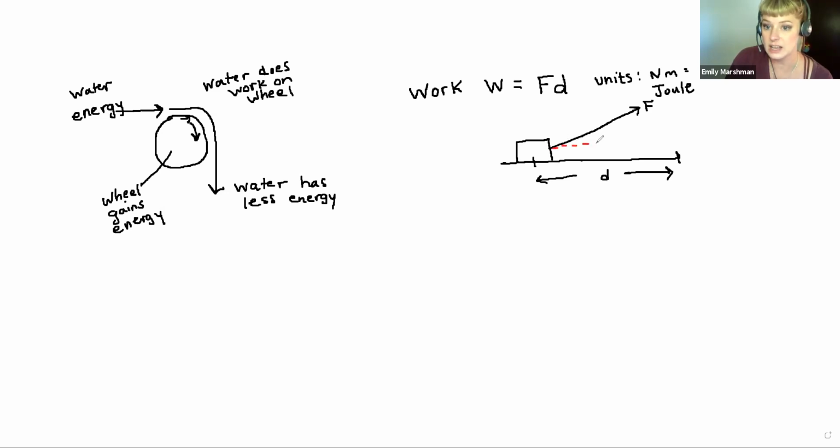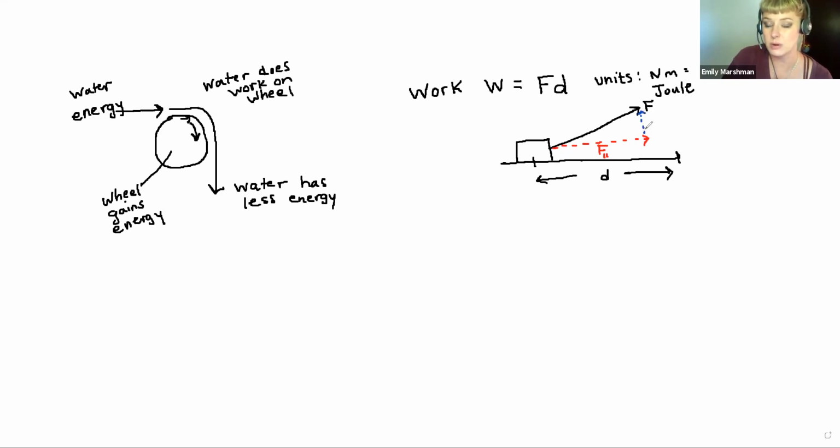So I need to take this component of the force, which is parallel to the distance that the object moves, and that's the work that's done here. The component of the force that's perpendicular to the direction of motion, by component I just mean part.